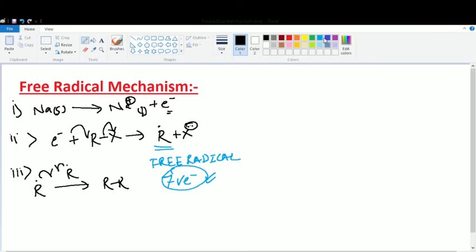Now guys, we have to understand three things over here. First is why the electron is attacking the anti-bond of RX.